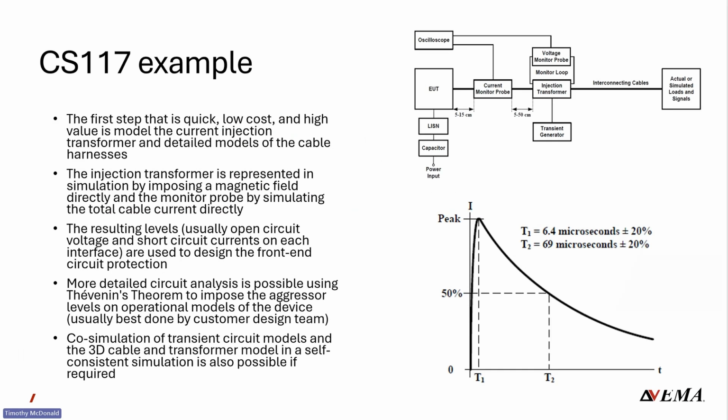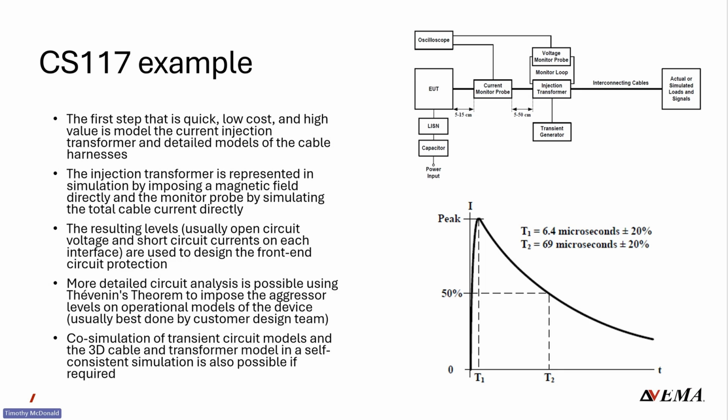It is a very common approach that our customers take, as well as our internal team. CS117, for example, you generate a current transformer that loops around the cable, and then you put a monitor probe there, and then we excite that in the CS117 case with a lightning-like induced pulse, and then we're able to see how that impacts the system.